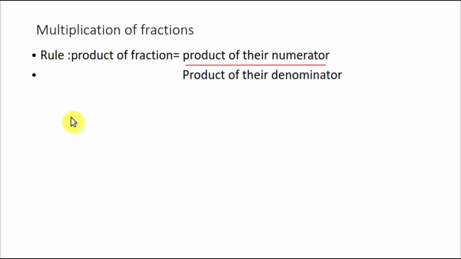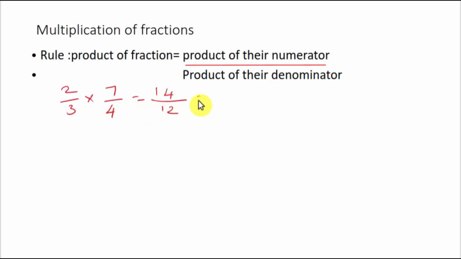Next, multiplication of fractions. Product of fraction equal to product of the numerator by product of the denominator. For example, 2 by 3 into 7 by 4 equal to product of the numerator. Product means we have to just multiply. 2 into 7, 14 by 3 into 4, just multiplying the product of the denominator. 3 into 4, 12.